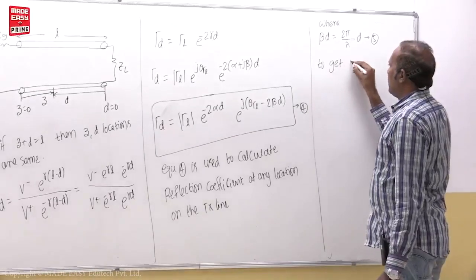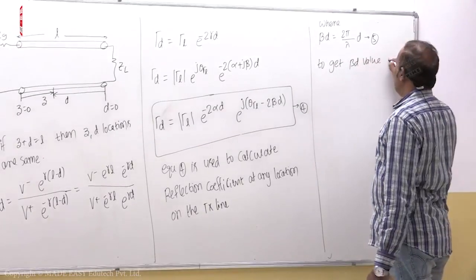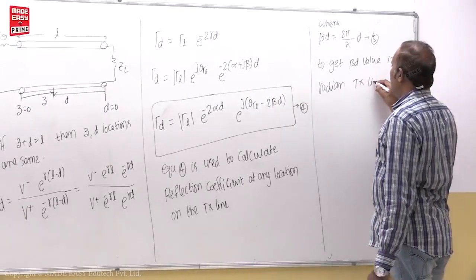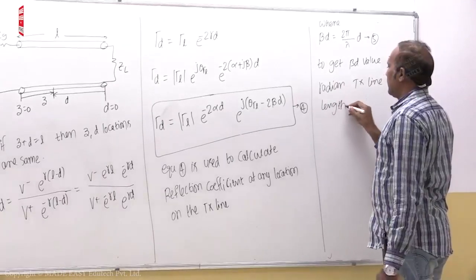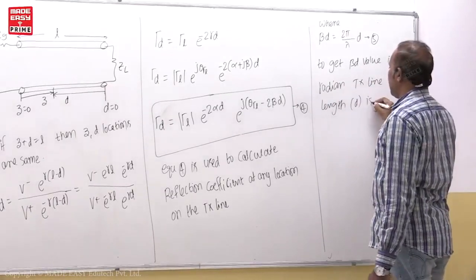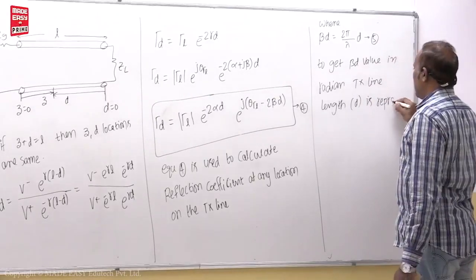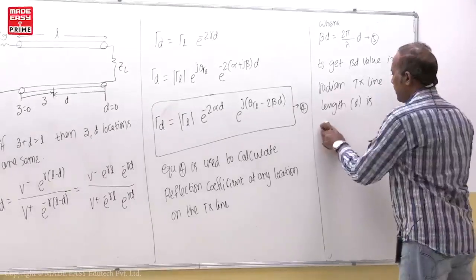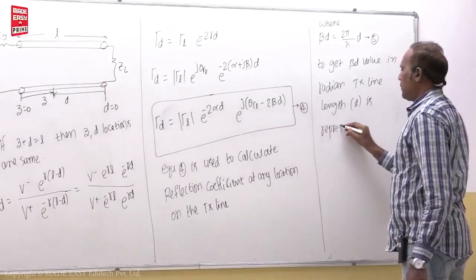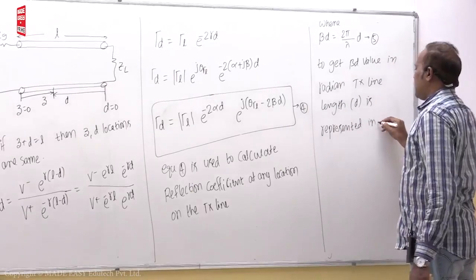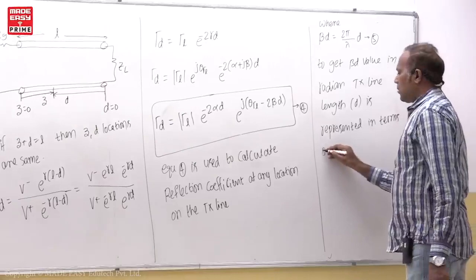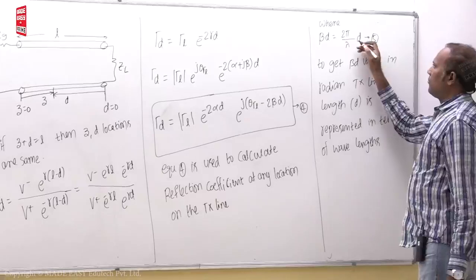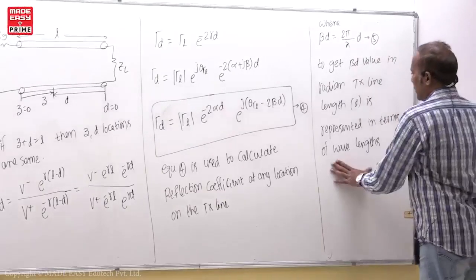To get the beta d value in radians, the transmission line length, that is d here, is represented in terms of wavelengths. That is important, student.